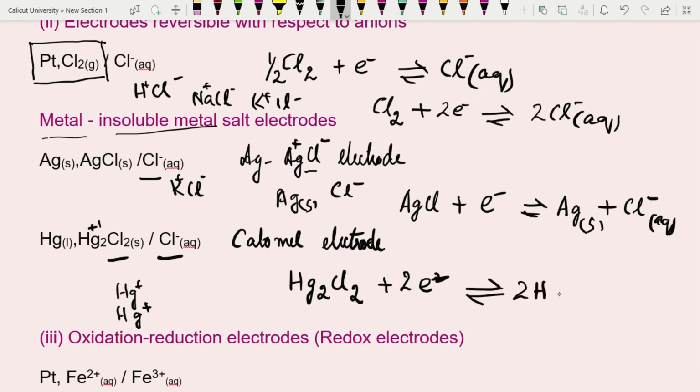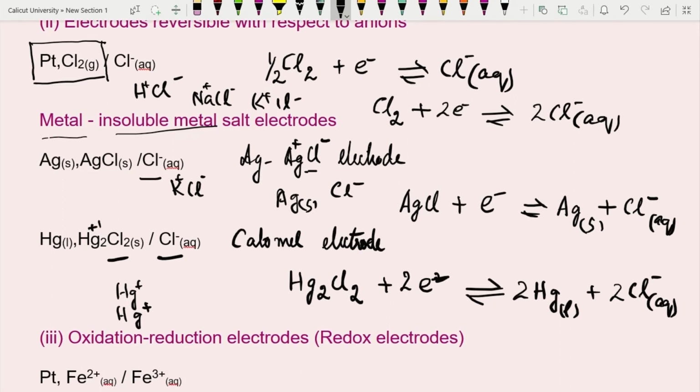then gets converted into 2 Hg liquid, and the chloride ion is left out. So, you have 2 Cl minus in the aqueous form. Again, just check all these are there in the electrode which I had represented. See, mercury is there, mercurous chloride is there, chloride ion is there, nothing extra, everything is represented as the electrode.